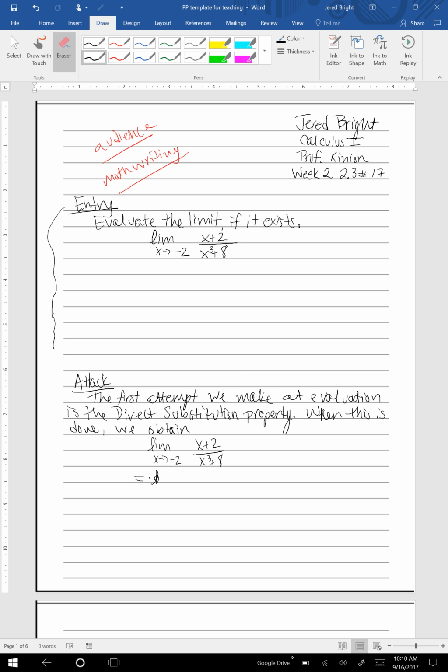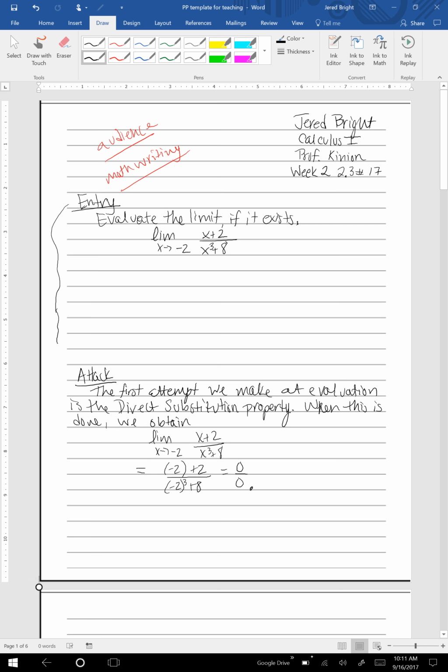Let me erase this, and it's not erasing. There we go. So I'm going to write this out as -2 plus 2 over -2 cubed plus 8, and this is going to give me 0 over 0. I'm going to conclude this with a period because it's the end of my sentence.